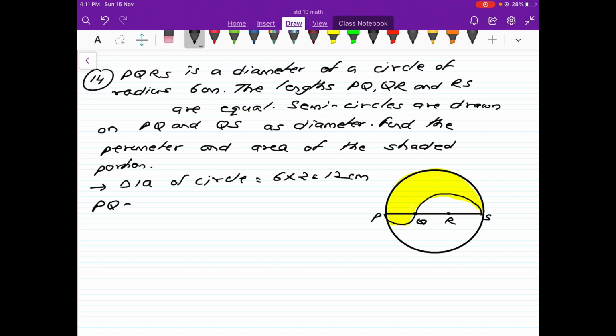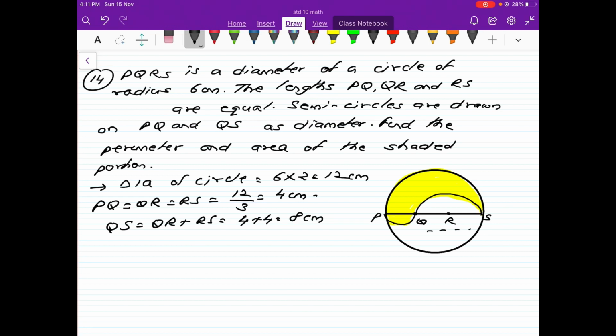Now it is given that PQ is equal to QR is equal to RS is equal to total upon 3, because it is 3 equal pieces, it is 4 centimeters. So QS is equal to QR plus RS. So it is 4 plus 4 means 8 centimeters.